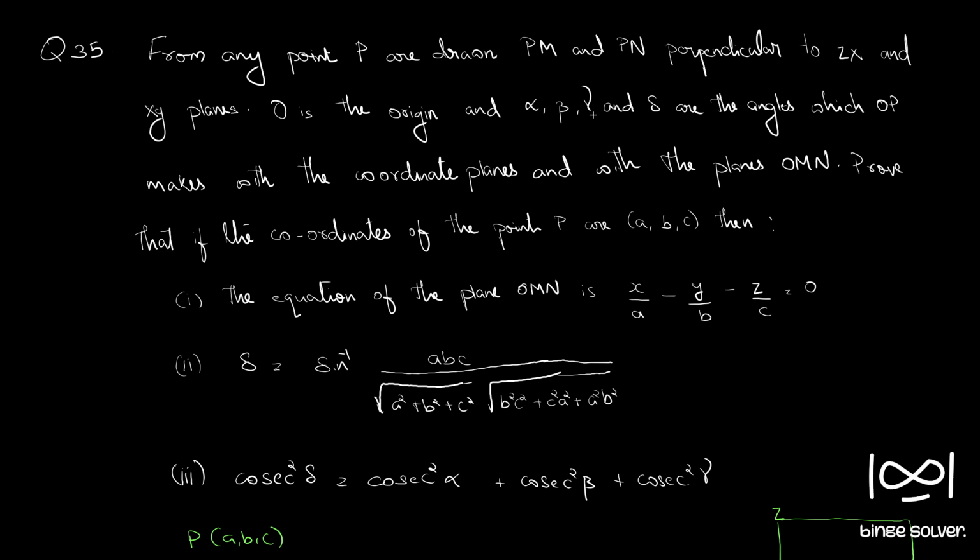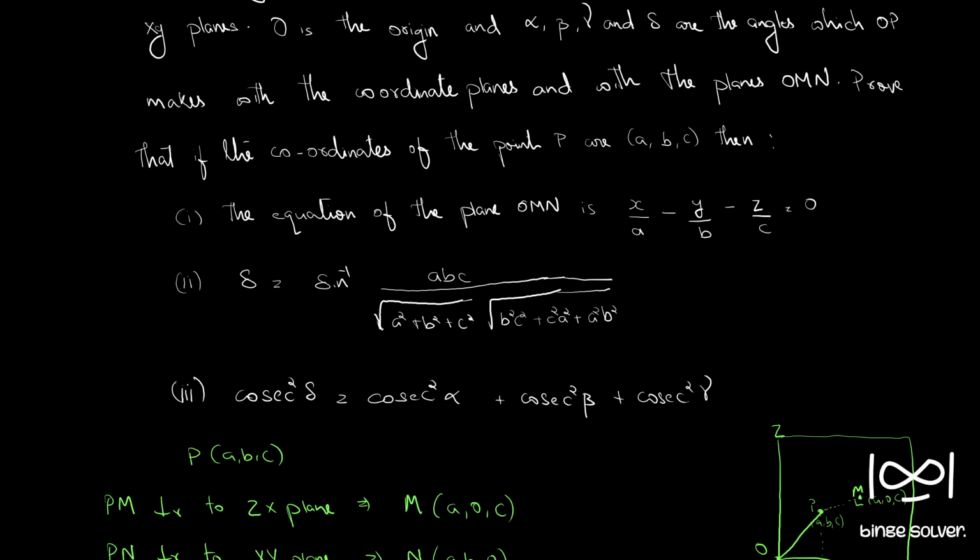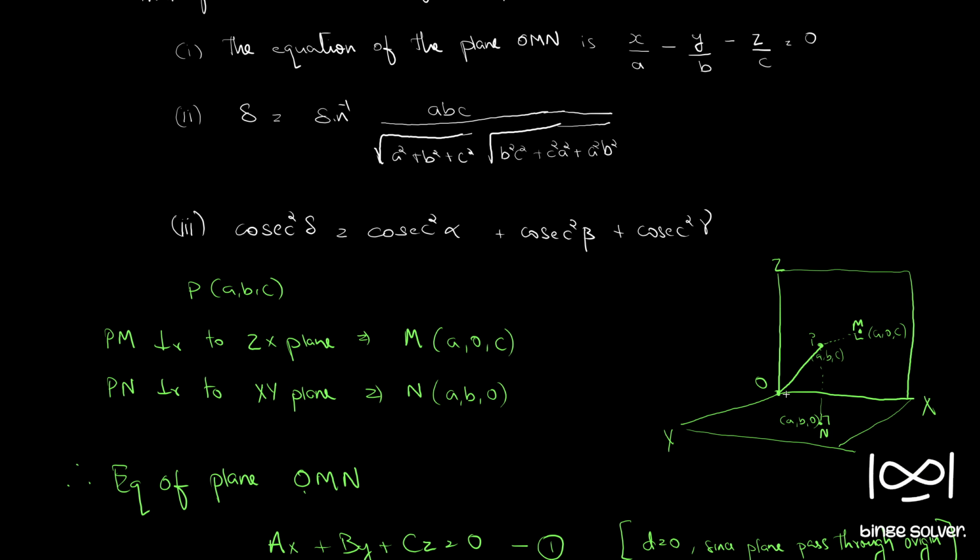O is the origin, and alpha, beta, gamma, and delta are the angles which OP makes with the coordinate planes and with the plane OMN. So alpha, beta, gamma are the angles OP makes with the coordinate planes, and delta is the angle OP makes with the plane OMN.